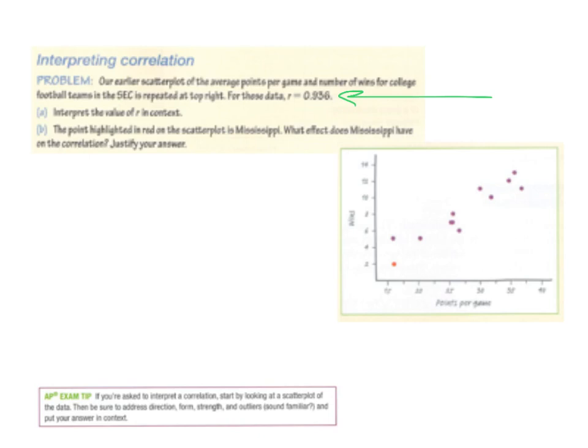That's a pretty high correlation, so that would be a pretty strong linear pattern. Part A asks us to interpret the value of r in context. So if we're interpreting the value in context, it's a pretty high number. So we would say that it's a strong, positive, linear relationship, and then we put in our context. It's strong because it's a high number, around 0.9.